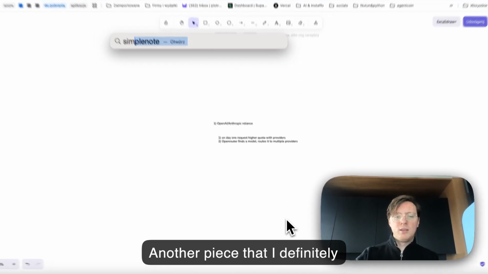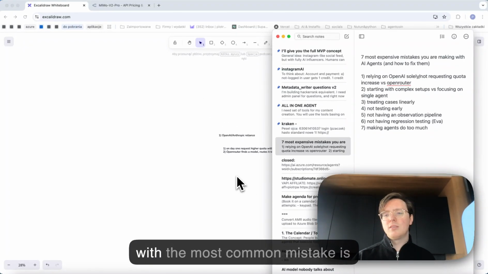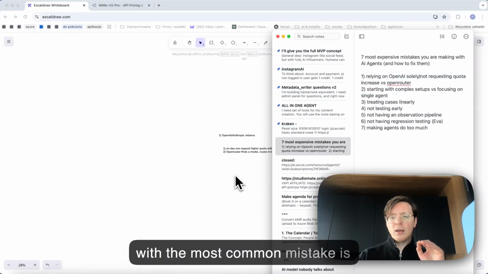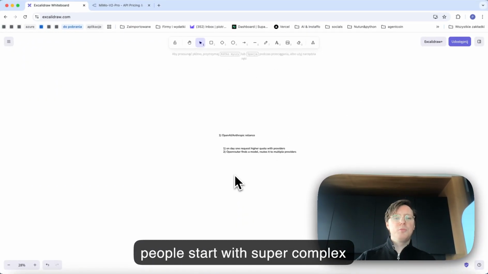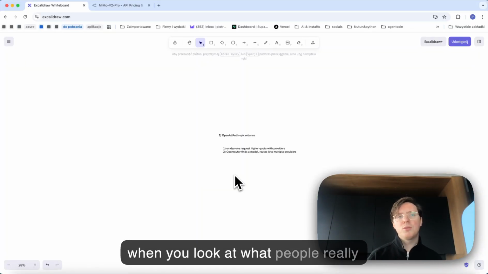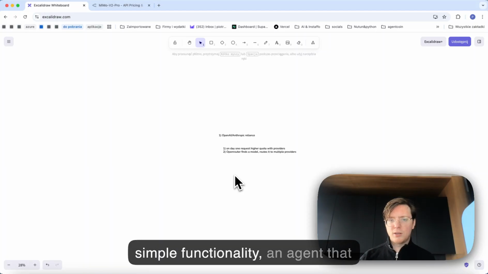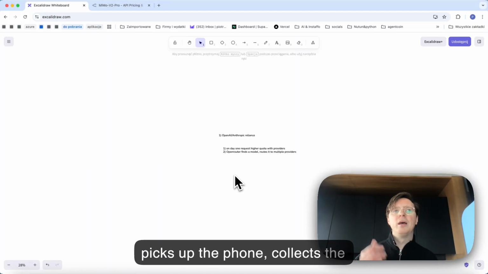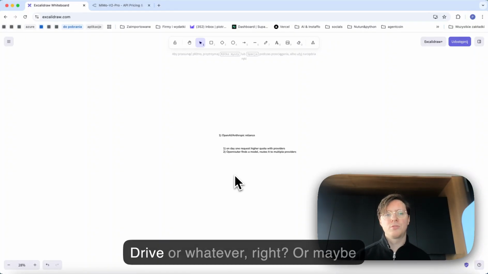Another piece that I definitely recommend looking into is starting simple. The most common mistake is people start with super complex scenarios for their agents, right? When you look at what people really need, most of the time it's super simple functionality: an agent that picks up the phone, collects the details, and stores them in Google Drive or whatever.